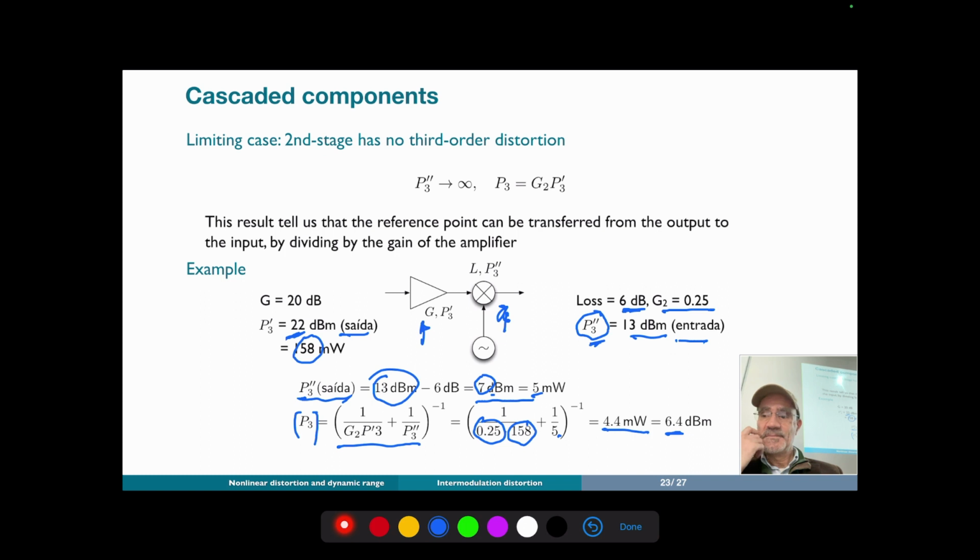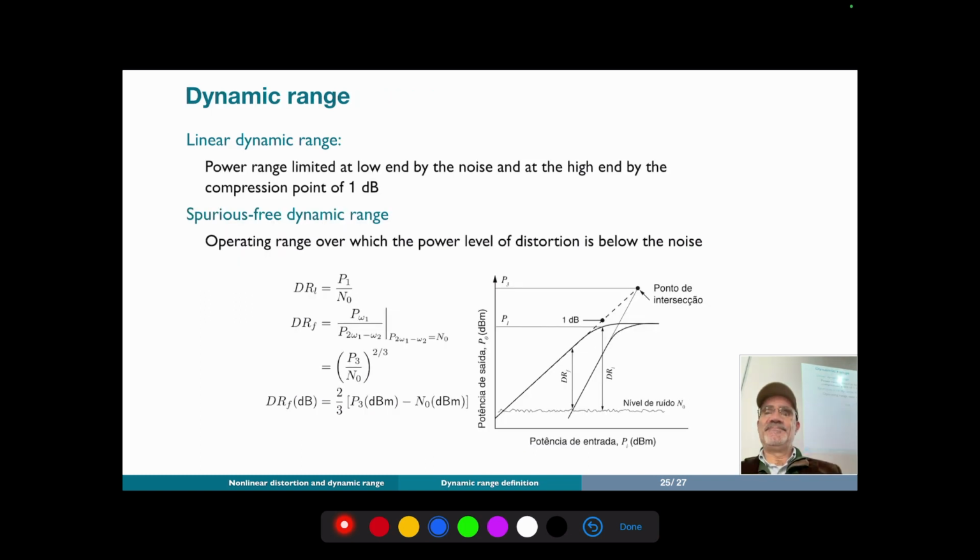Another important definition is dynamic range, and there are two possible definitions for dynamic range. The linear dynamic range, which is the range of powers which are limited at the low end by the noise and at the high end by the 1 dB compression point. Okay, and so in this curve here, we have a 1 dB compression point, this point here.